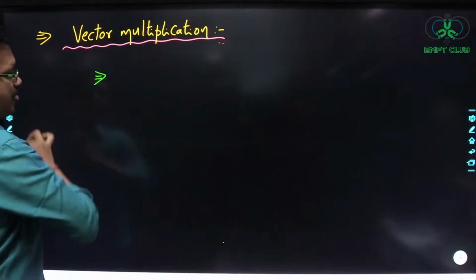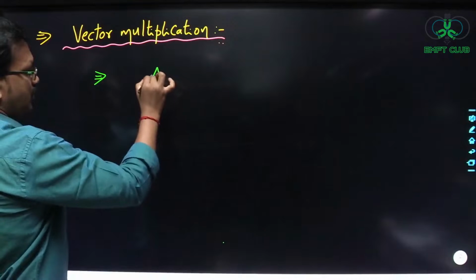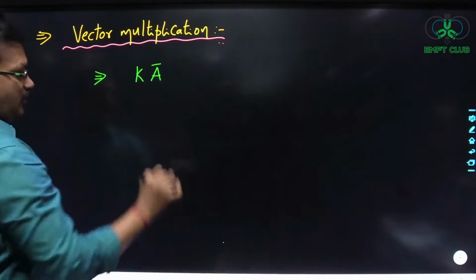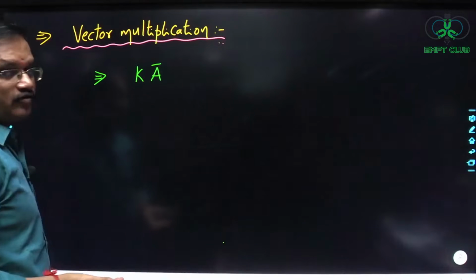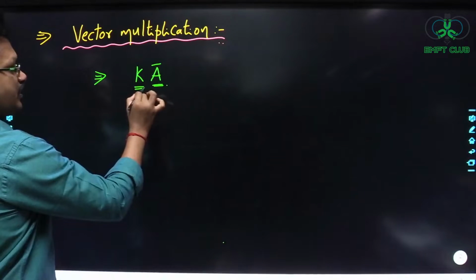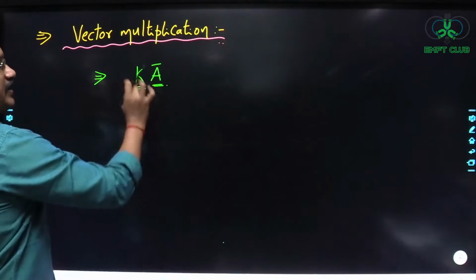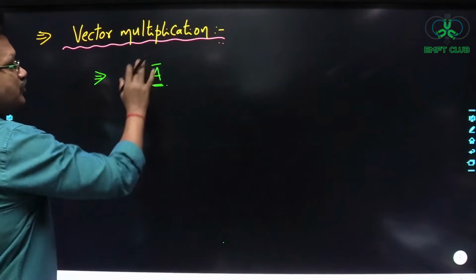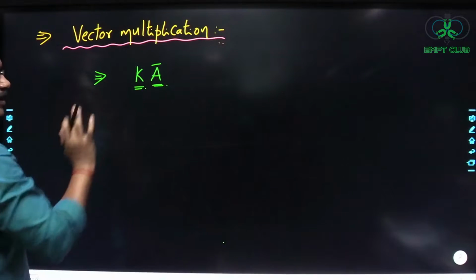See here, first if I take a vector A bar and multiply it with a scalar k, right? This is one type of multiplication. Whenever I multiply a vector with a scalar, the direction of this vector is not going to change, but the magnitude of this vector will be scaled by k times.